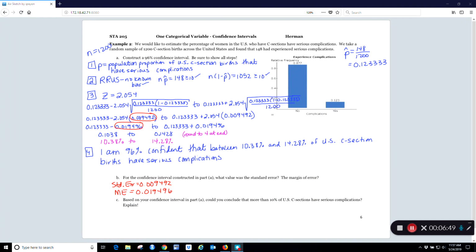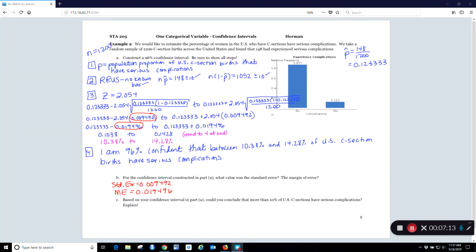Finally, based upon our confidence interval, could you conclude that more than 10% of U.S. C-sections have serious complications? So looking at our interval, is it more than 10%? More specifically, is the entire interval more than 10%?